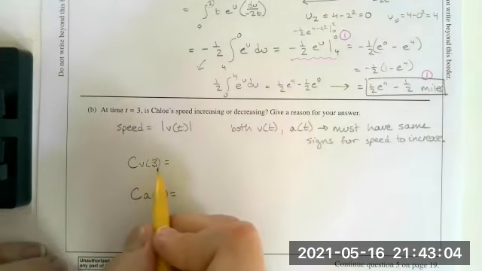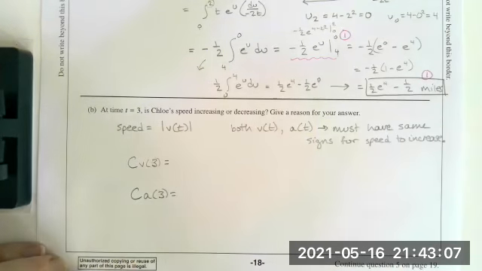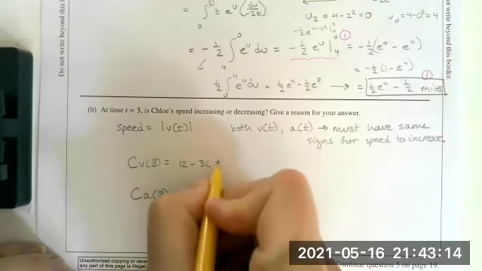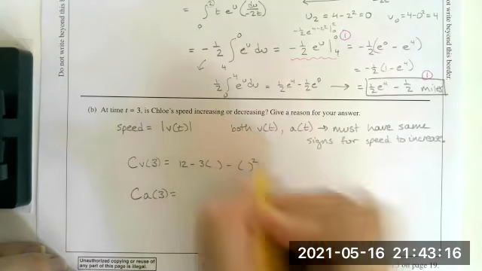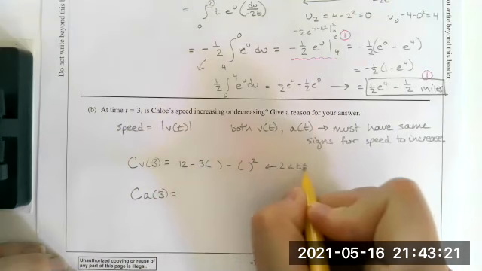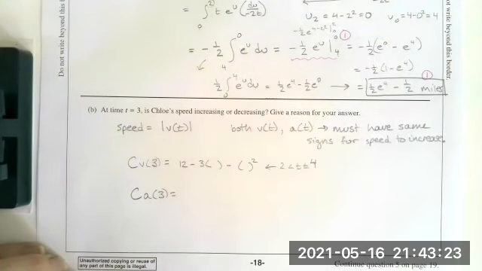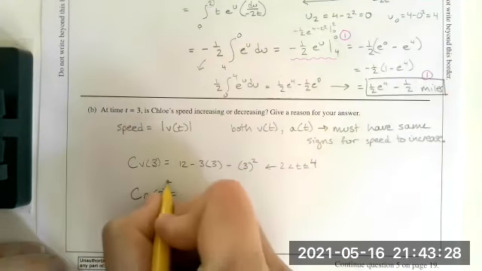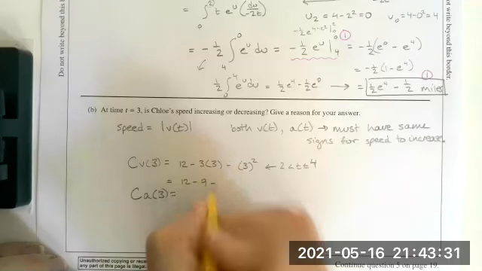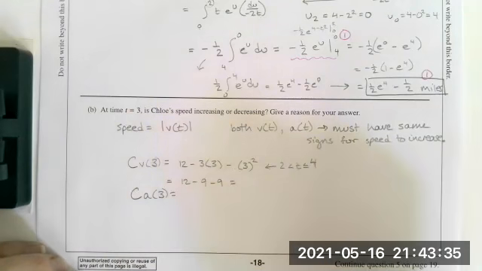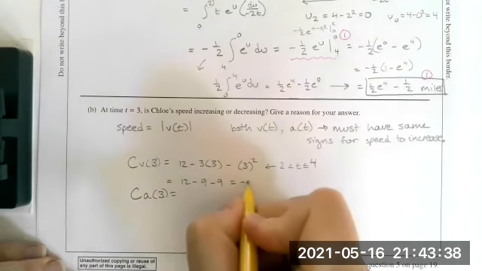So Chloe's velocity at 3, we need to use the correct part of Chloe's velocity, which is going to be 12 minus 3t minus t squared, because that's the piecewise function from 2 to 4, and 3 is between 2 and 4, so we have to use that part. So we plug in 3, and we get 12 minus 9 minus 9. That's 12 minus 18, so negative 6.